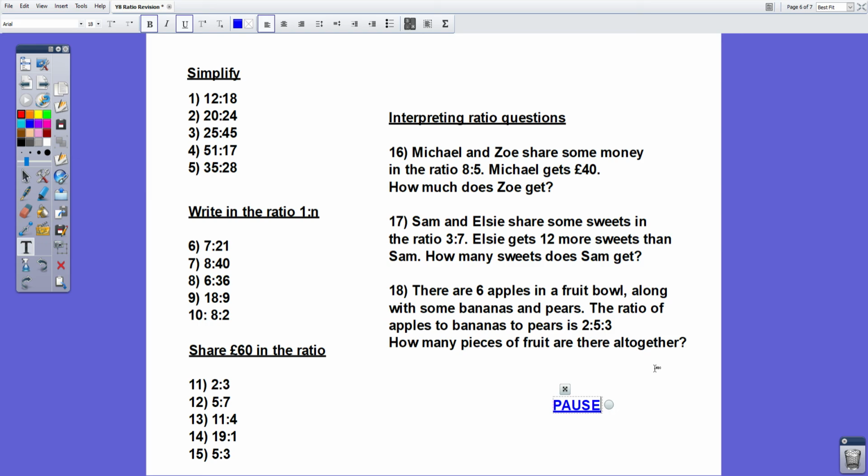So far the video was run for about 20 minutes. I want you to spend 20 minutes to half an hour doing this worksheet, as long as it takes. Remember to show your workings, and then following that there will be an answer sheet. But pause at this point and do not resume the video until you have done the worksheet. Thank you.